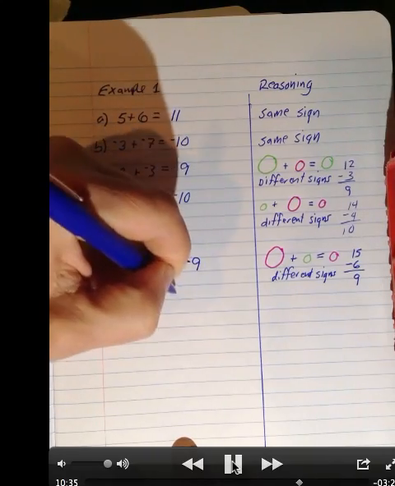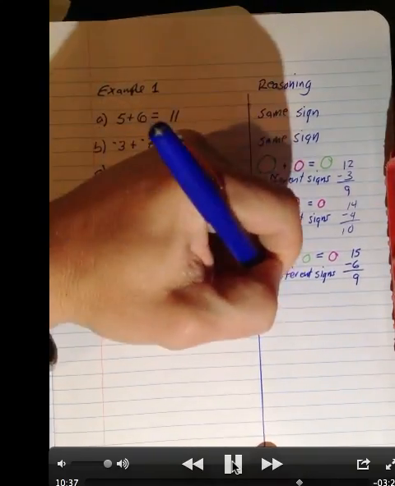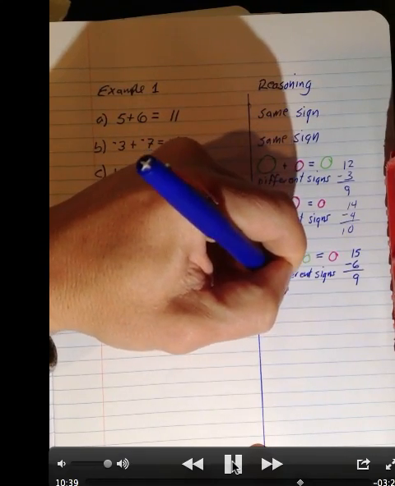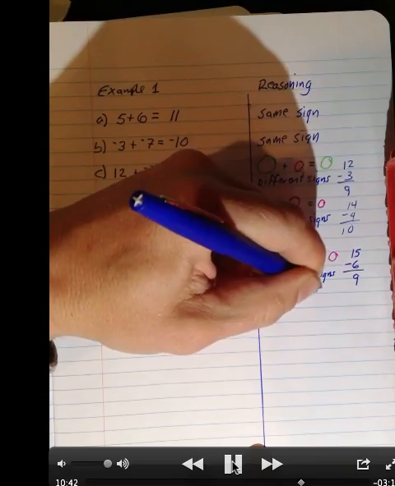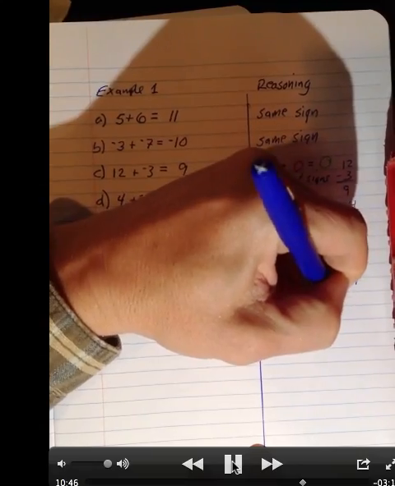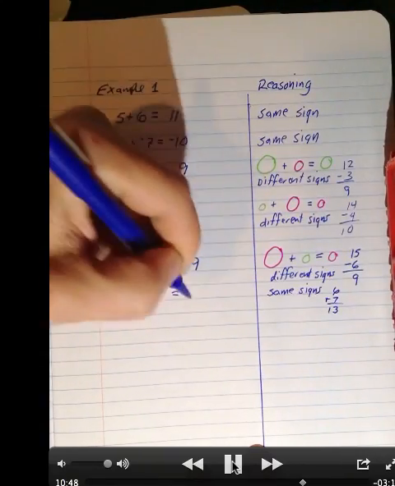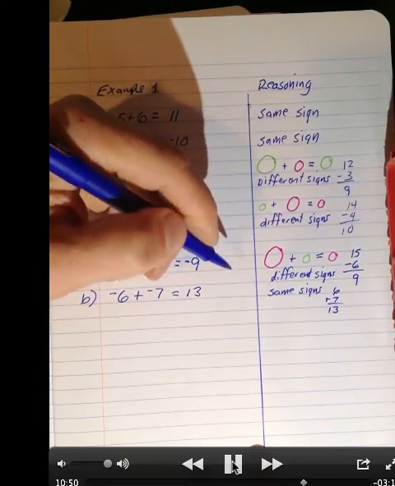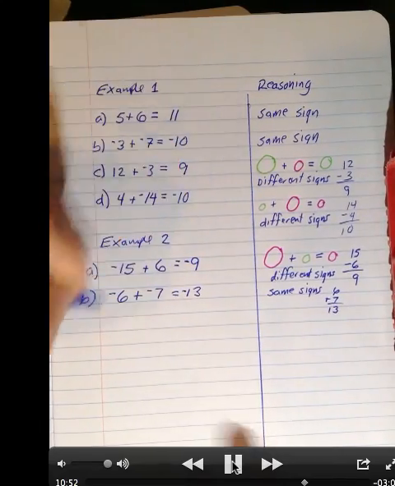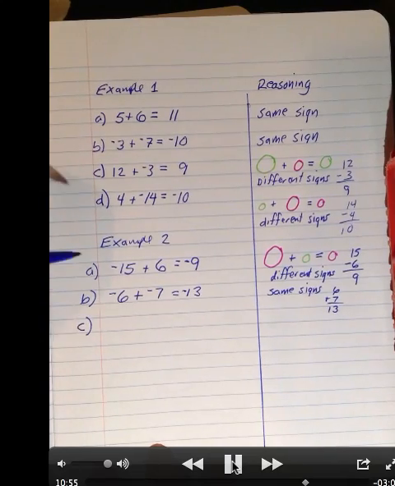Negative 6 plus a negative 7. Same signs, it means we add and take the sign of the integers. 6 plus 7 is 13. They're negative integers, so the answer is negative 13.